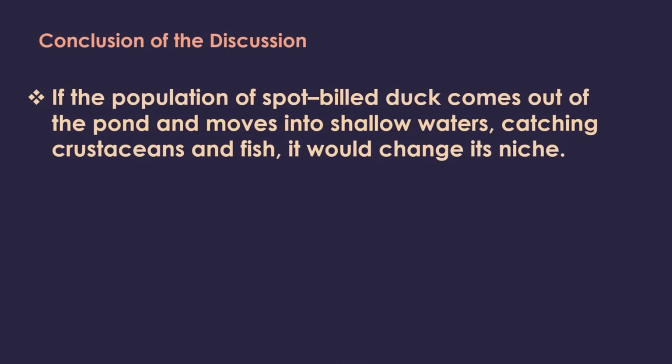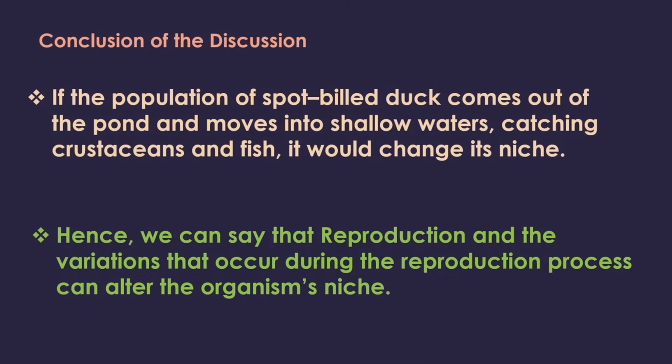So the niche will slowly change, eventually changed by changing their feeding habits and their behaviors, isn't it? Hence, we can say that reproduction and the variations that occur during reproduction can alter the organism's niche. So, reproduction and variations can cause the alteration in the organism's niche.